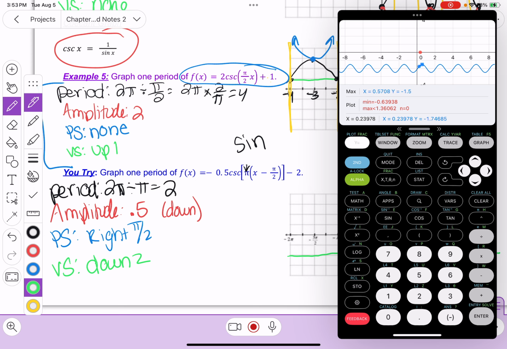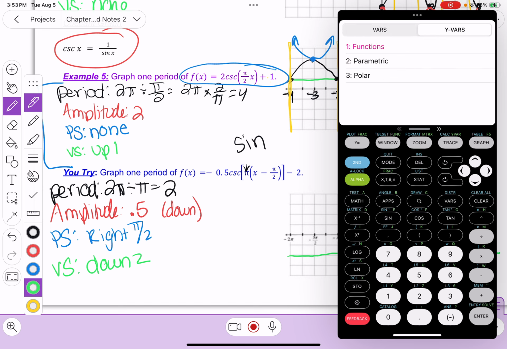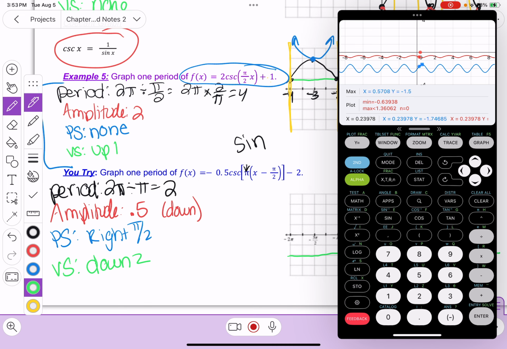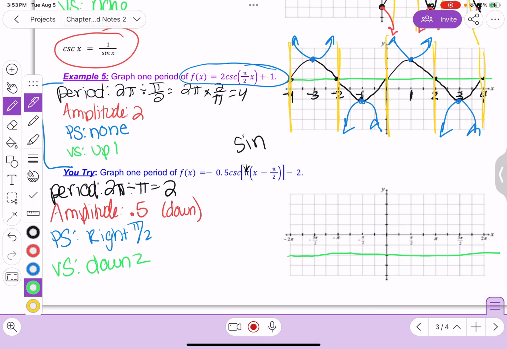So just if we did all of that, 1 divided by... well, that didn't do what I wanted it to do. Never mind. Okay, let's do this.